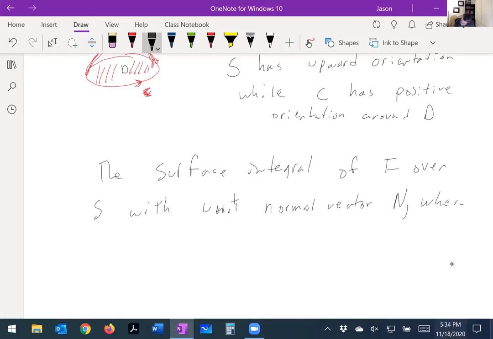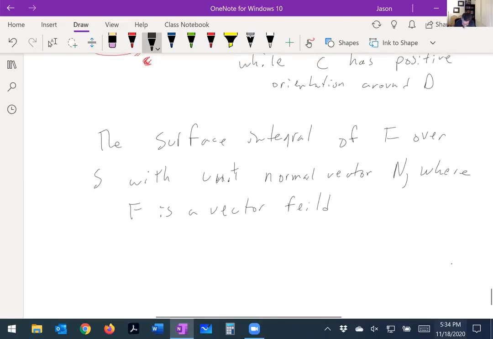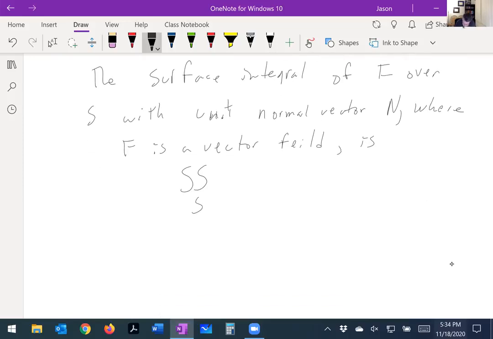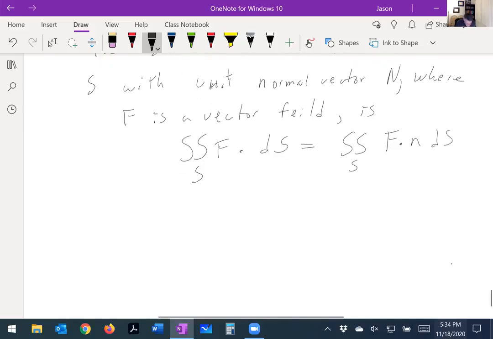where F is a vector field, is the double integral over S of F dot dS, which is equal to the double integral over S of F dot n dS.